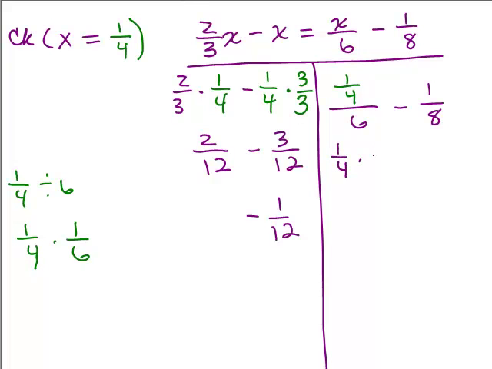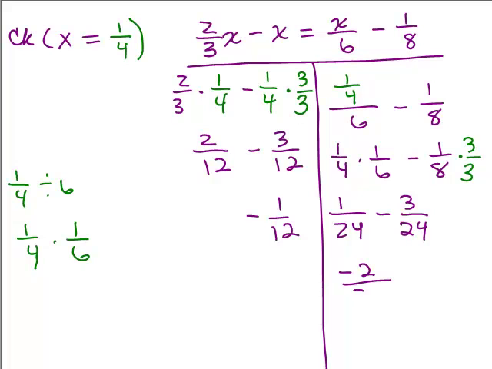That's 1/4 times 1/6 minus 1/8. Now that's going to be 1/24, and I can see the denominator is going to be 24, so I want to rewrite 1/8 with that denominator as well. I'm going to multiply this by 3/3 so that I have a common denominator. So I've got 1/24 minus 3/24. My numerator will be 1 minus 3, or 1 plus negative 3, which is negative 2/24. And that reduces to negative 1/12.